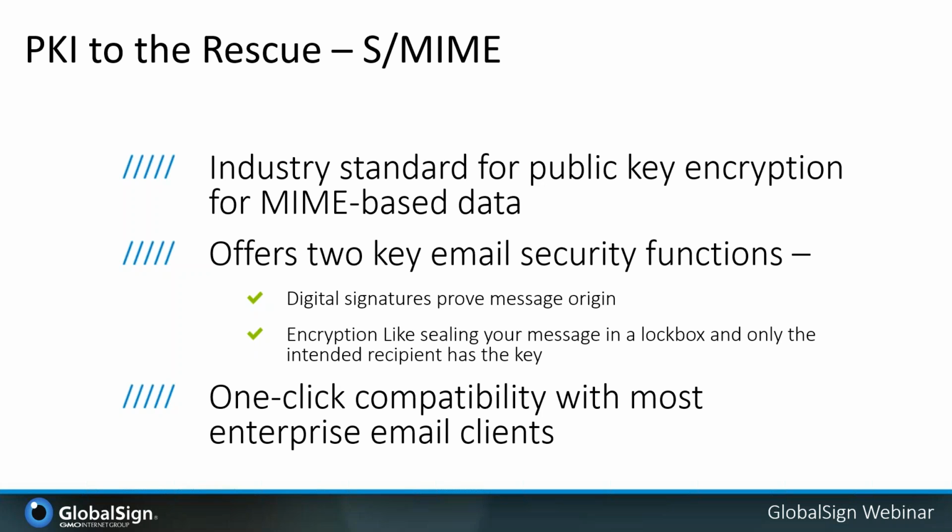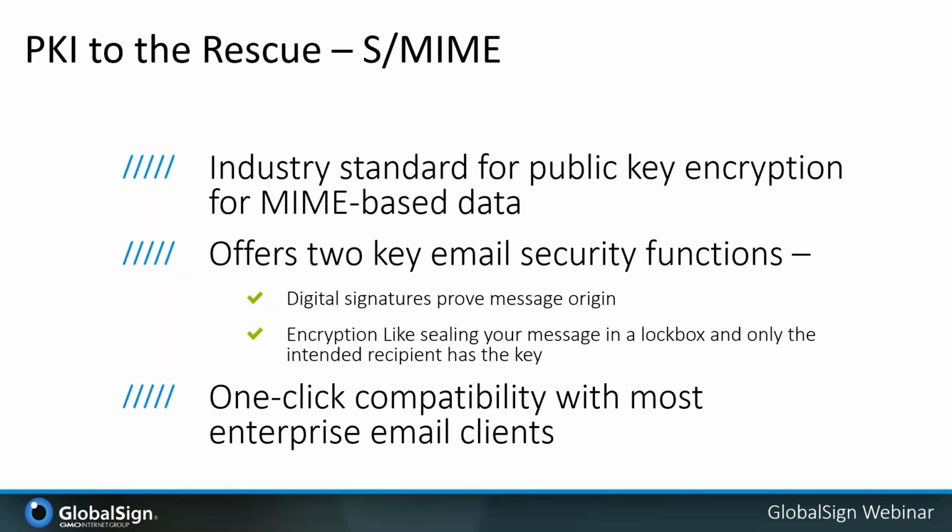If your company standardizes on digitally signing all emails, a phishing email sent by an imposter wouldn't really have a valid digital signature, which would send up red flags to your employees not to trust it. On the other side, encrypting an email is like sealing your message in a lockbox, and only the intended recipient has the key.